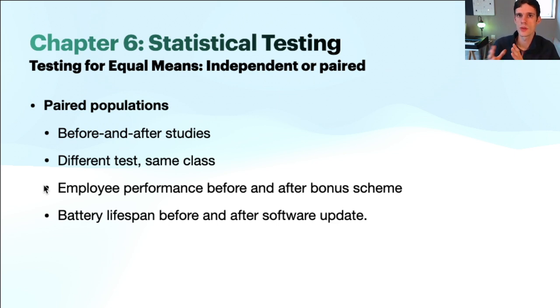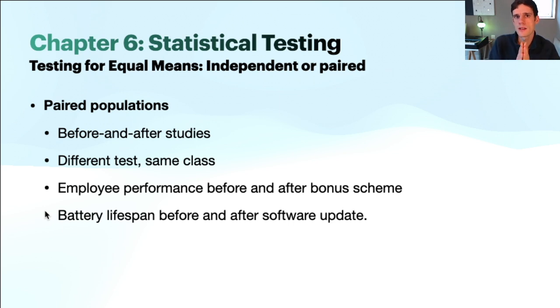So we again have two data sets, employee performance before the scheme and employee performance after the scheme. So two data sets, but they are not independent. They are paired because the underlying test subjects are the same. Now we don't have to work with people. For instance, we can look at the battery lifespan before and after a software update. Now, why is this paired?